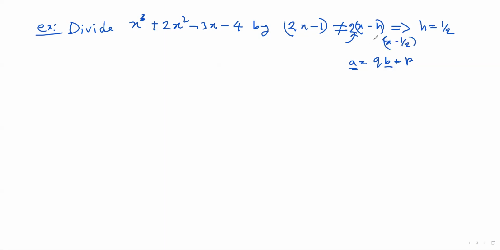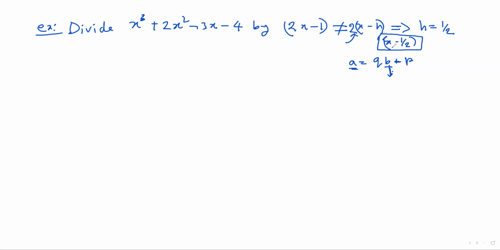That is, take 2 factored out. We already know how to divide by something that looks like this. We know how to divide by x minus h, so we should be able to divide by x minus half. And let's say this b is that x minus half. So what we did is actually ignore the 2, right?